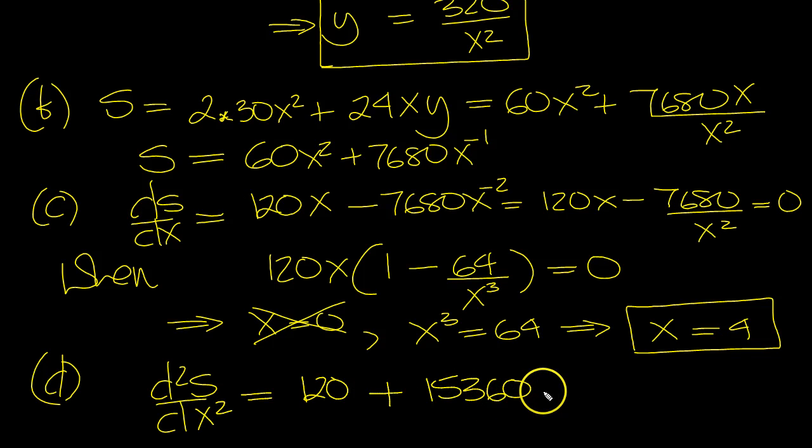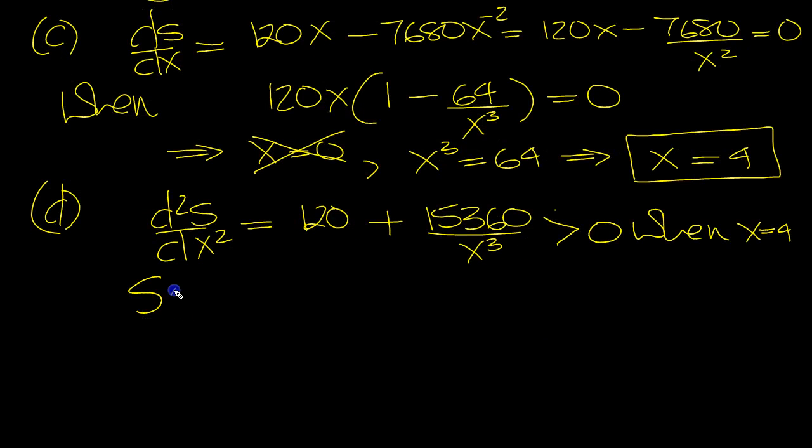So that would be x to the minus 3. So that would be over x cubed, put it like that. Which is greater than 0 when x equals 4, clearly. So S is a min.